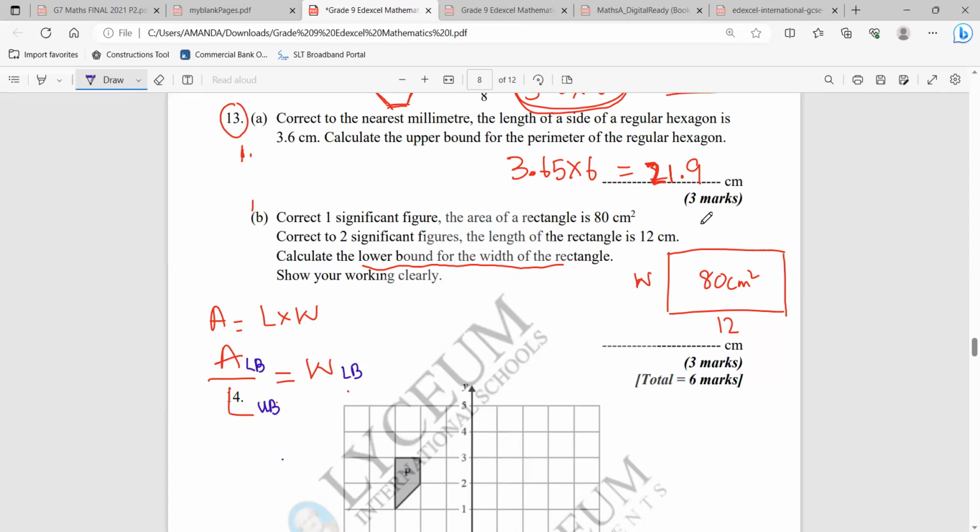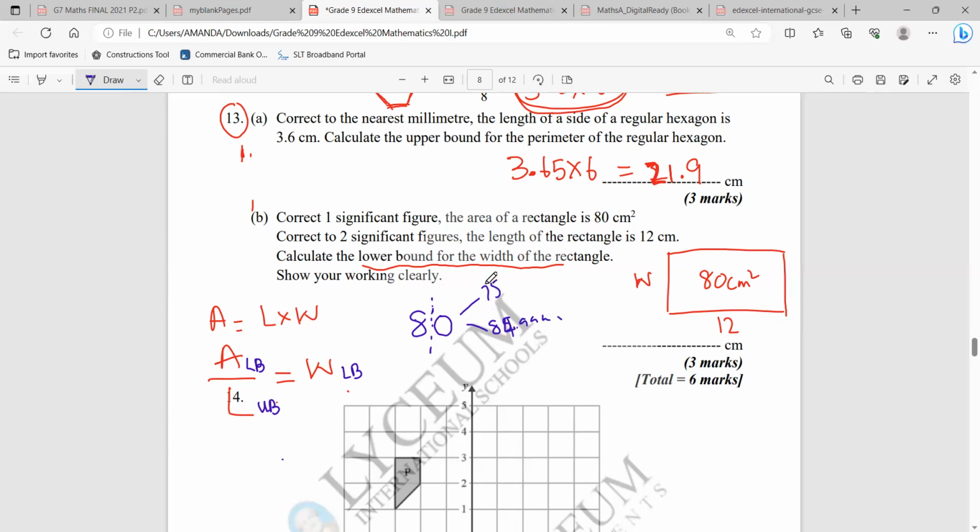Now let's look at the area, which is 80 after correcting to one significant figure. That means they have cut it off from here. This could have been either 75 or 85. If it's 85, this becomes 9, so it's 84.9999, something like that.